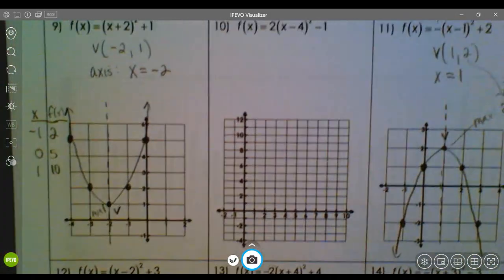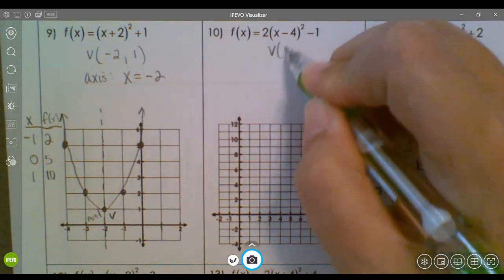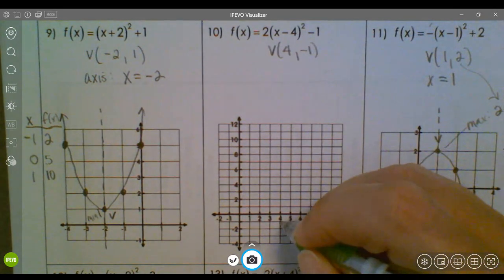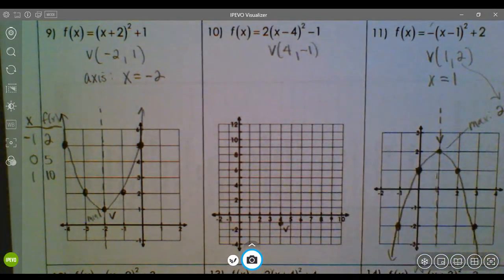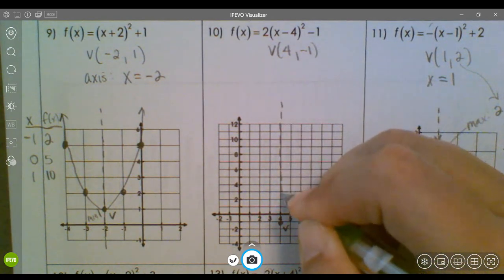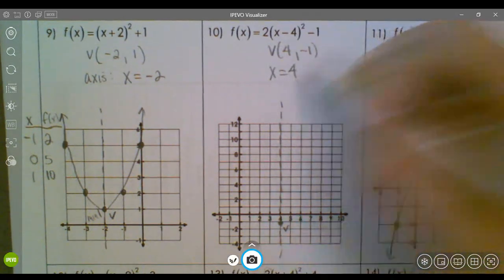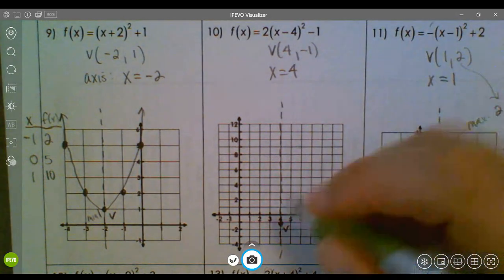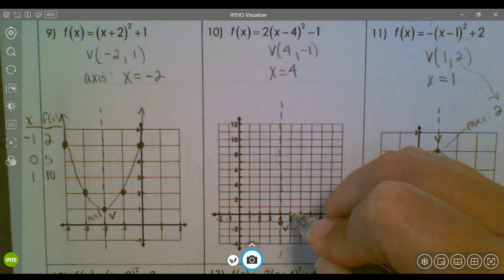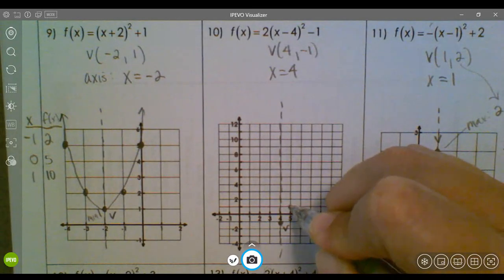And then number 10. My vertex is 4, -1. So there's my vertex. My axis of symmetry goes through the vertex at x equals 4. So my parent function says right 1, up 1, but a is 2, so we actually have to double the square.